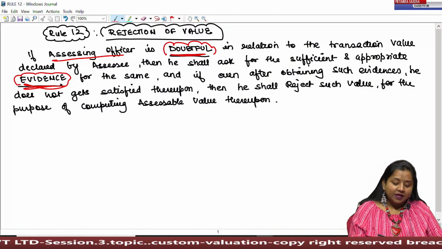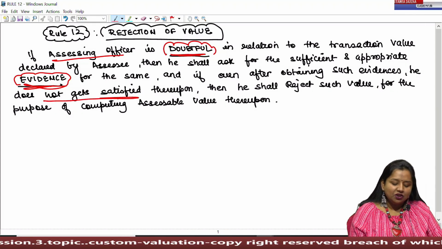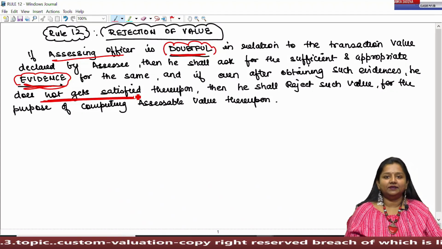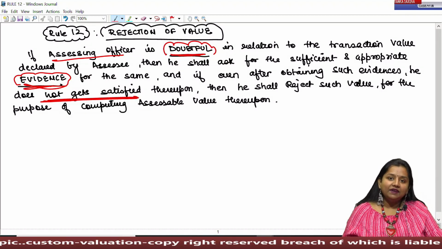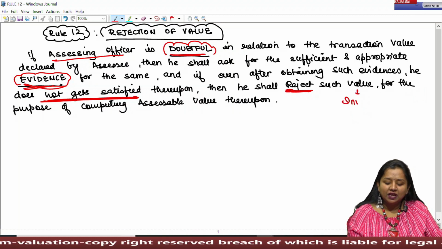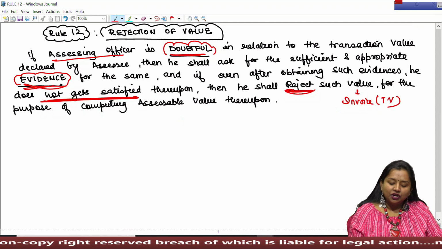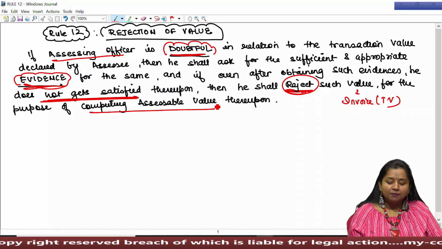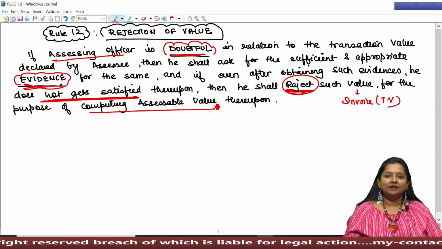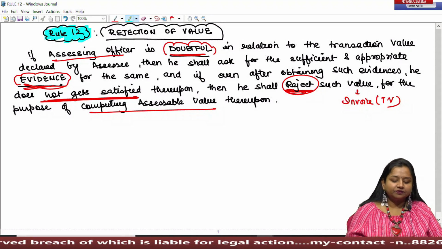And if even after obtaining such evidence the officer does not get satisfied, then he has the authority to reject such value as mentioned in the invoice as transaction value. He has the authority to reject such value for the purpose of computing assessable value. This is given under rule 12.